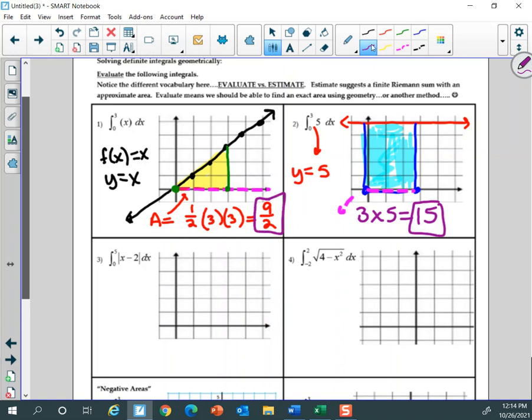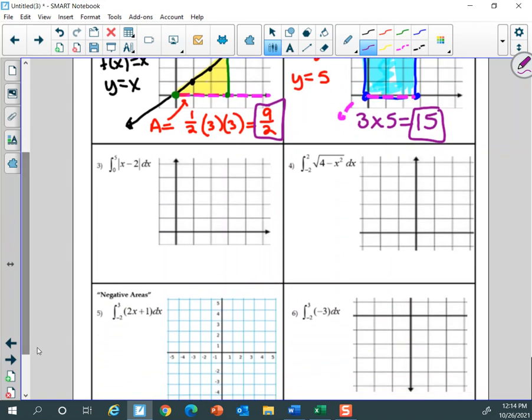This would be a good point to stop and try graphing the next two problems. You're going to have to think a little bit, maybe use some of your Algebra 2, some of your geometry, maybe just try some table of values.